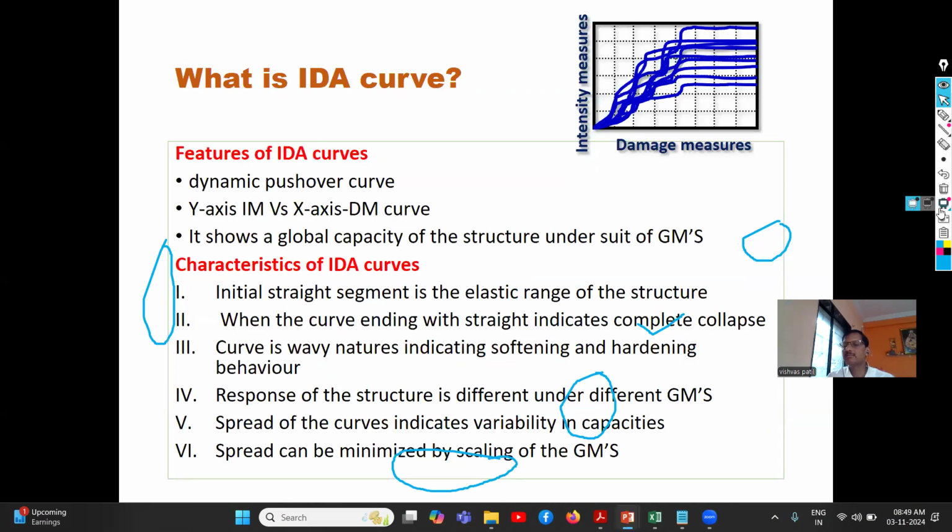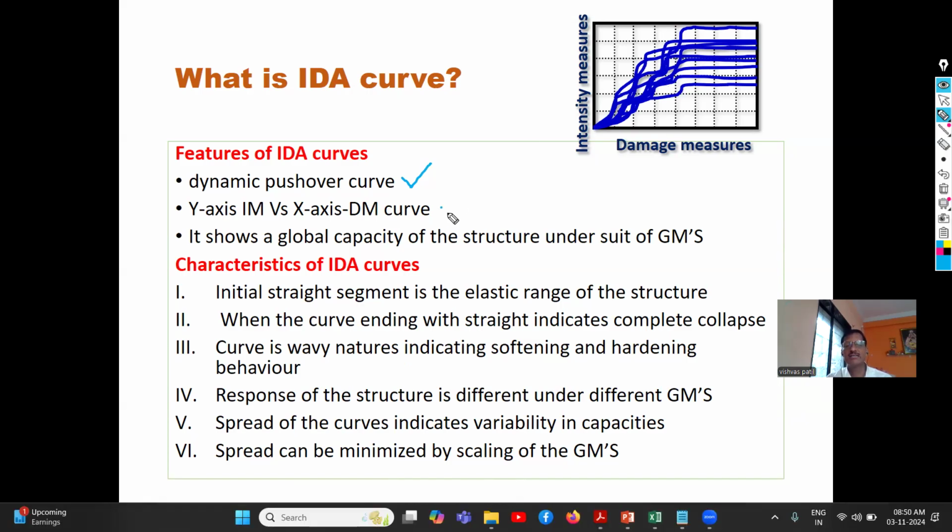Now, what are the other features of this IDA curve? Each curve indicates the capacity of the structure, and therefore this is also called a dynamic pushover curve. The area under the curve gives the energy dissipated during the earthquake.